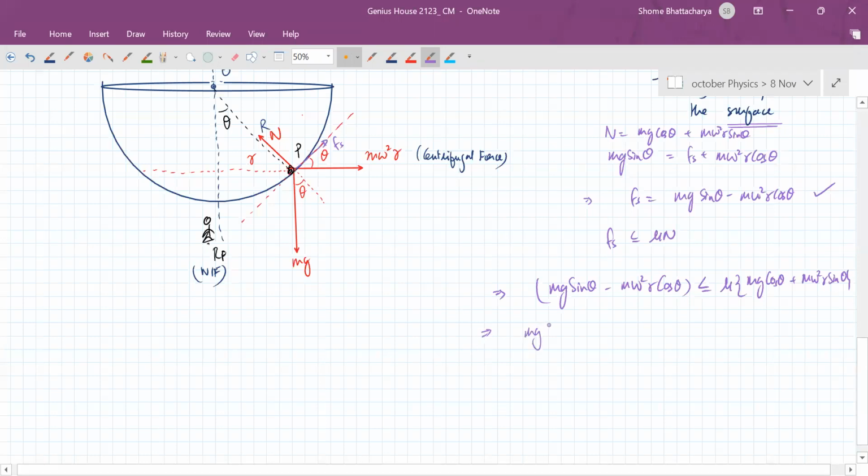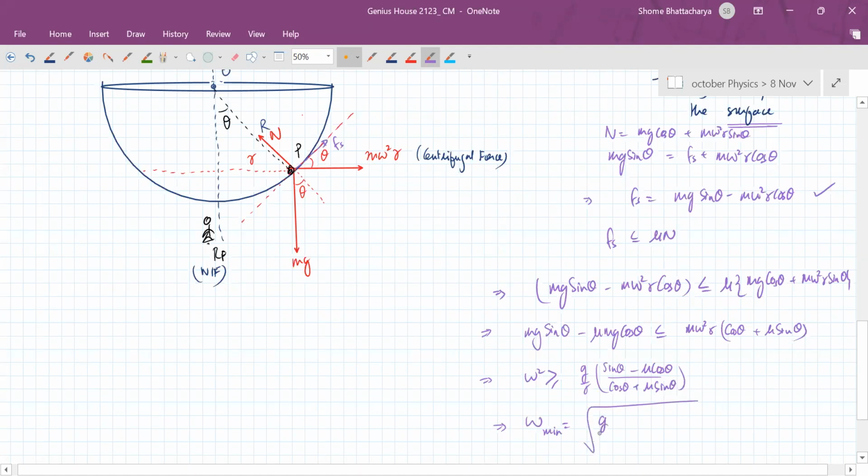So you have this, and you can even write it like this by dividing the numerator and denominator by cos theta.